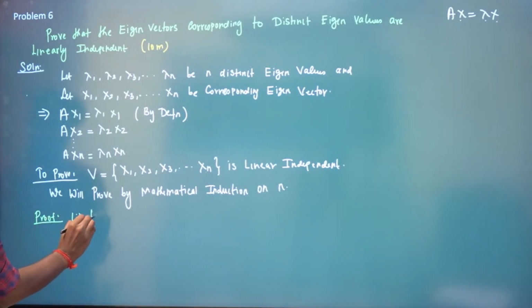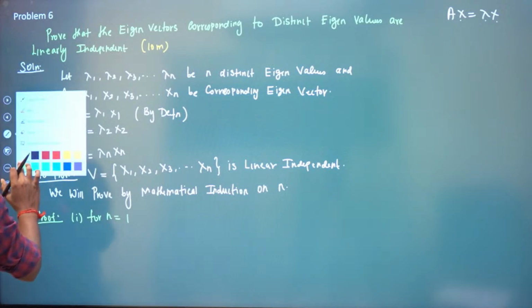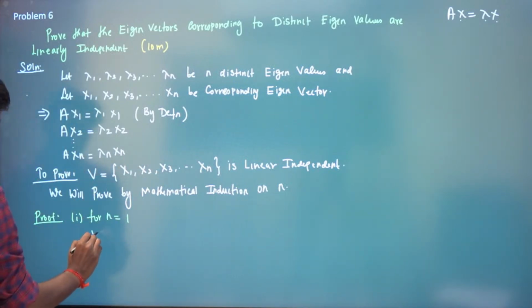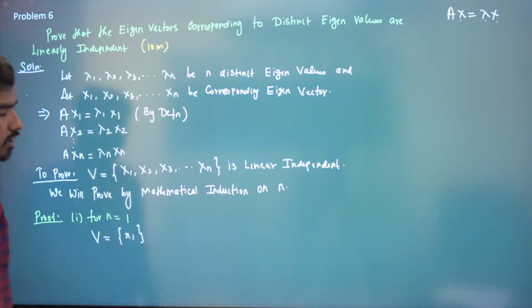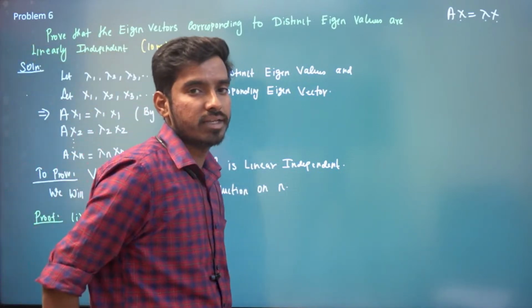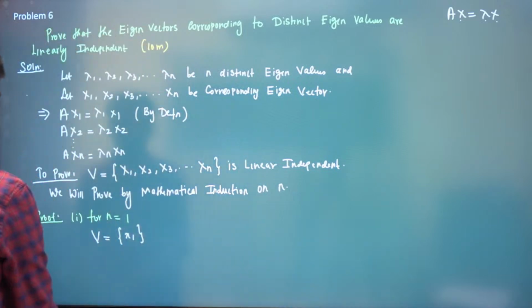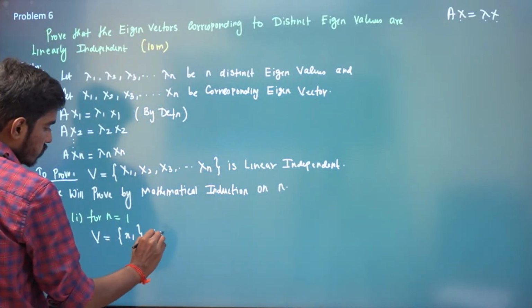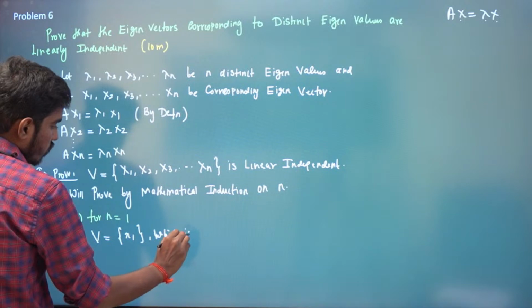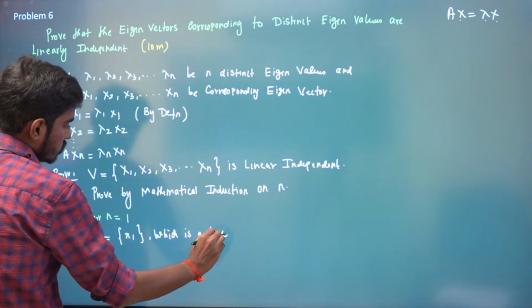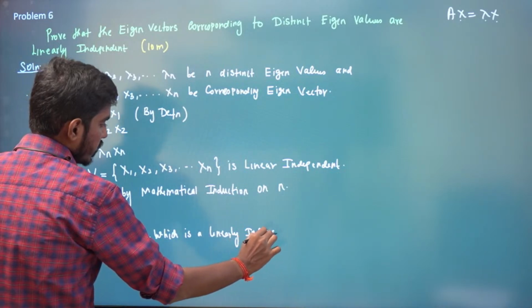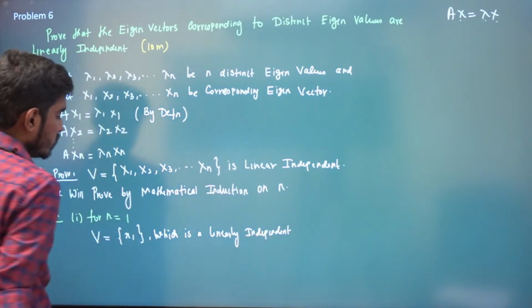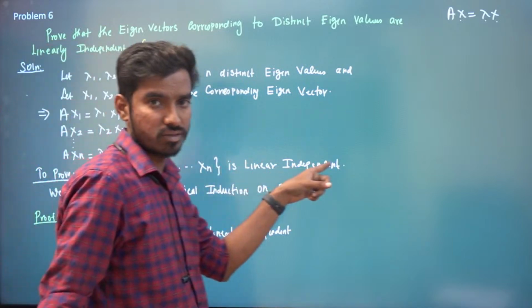First, for n equal to 1. If n is equal to 1, our set V consists of only one vector. Yes or no? A set consisting of a single vector is always linearly independent, which is here a linearly independent set because we have only one non-zero vector. See this, all these x are non-zero vectors, right?